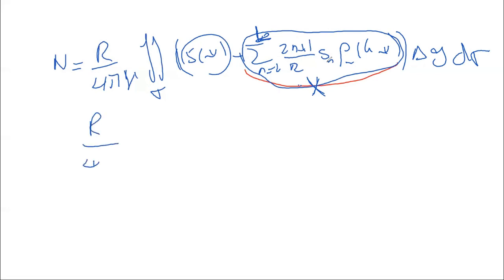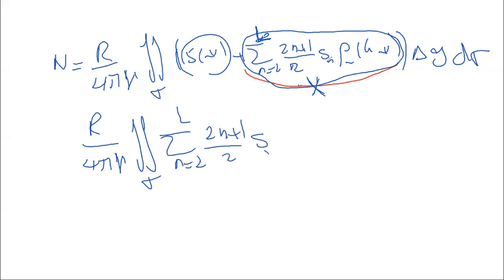I will write it, comma, and add from 2 to L, 2n plus 1, Sn, Pn cosine psi delta G d sigma. So what do we see here?